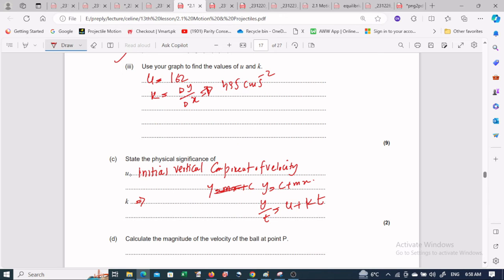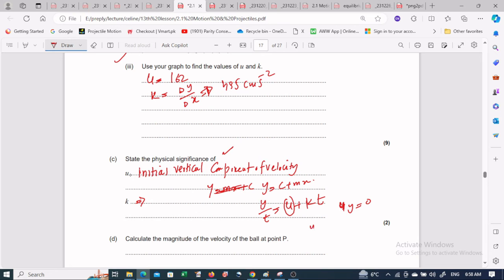Now for the y-intercept, the value of the y-intercept is when x is equal to 0, meaning initially, we have the value of y over t. So we put u equal to 0, because at the starting point the initial vertical component of the velocity is 0, uy is equal to 0.